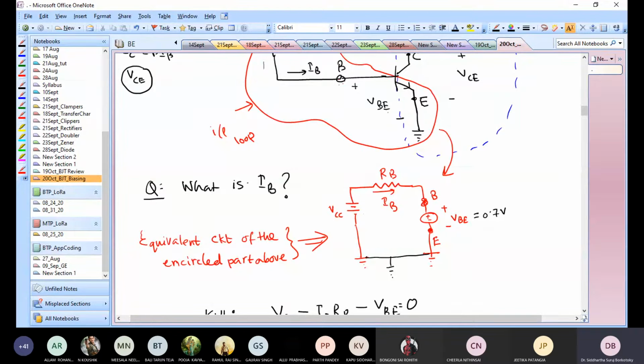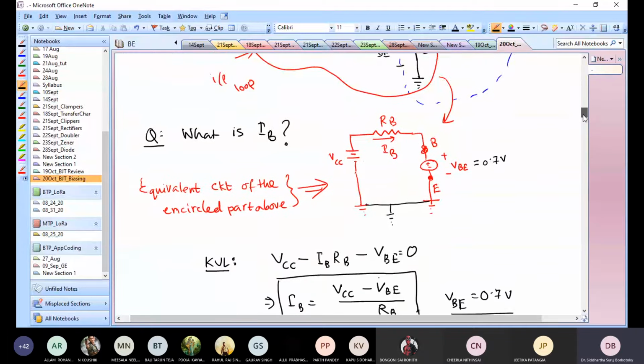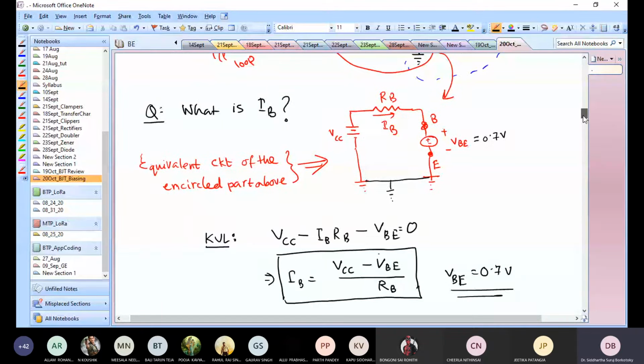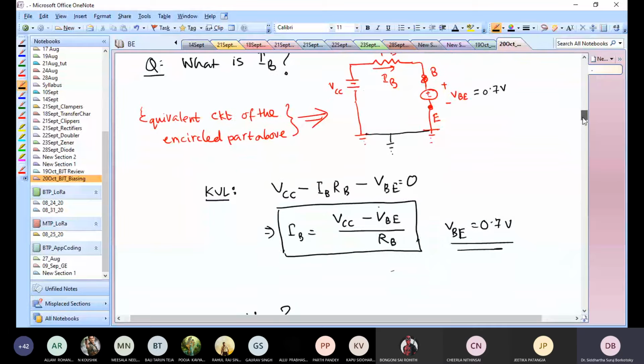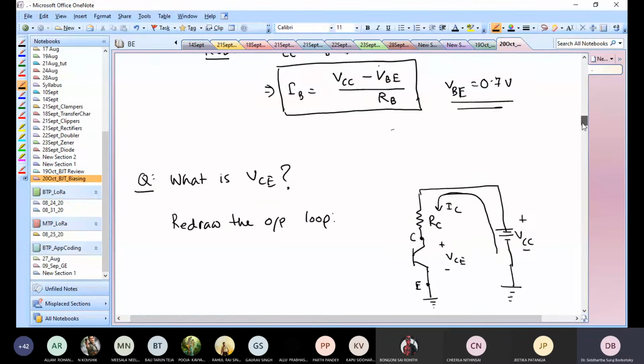Once I have this, I can very easily find out what IB is, because IB is just the current through RB. And from KVL, I know that IB will have to be equal to VCC minus VBE divided by RB. And what is VBE? From our previous discussions, we know that it's 0.7 volts.